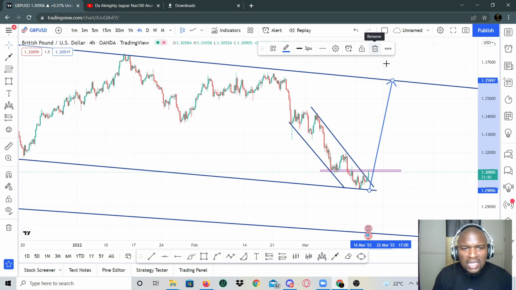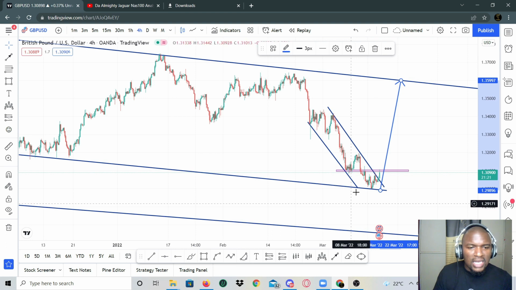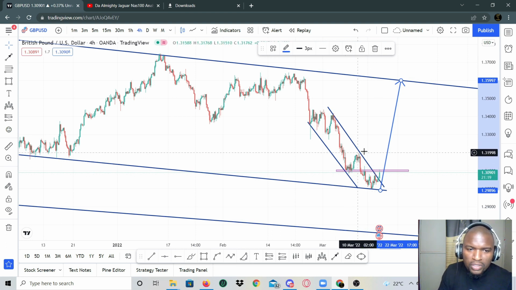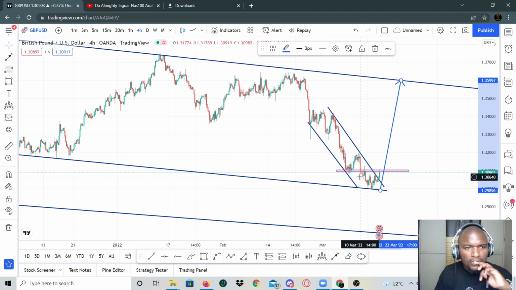For us to arrive on these levels, guys, we have to check what is really happening in the markets, because we don't want to take premature entries. Price has now given buyers an indication. We have this beautiful momentum push at the channel right here.